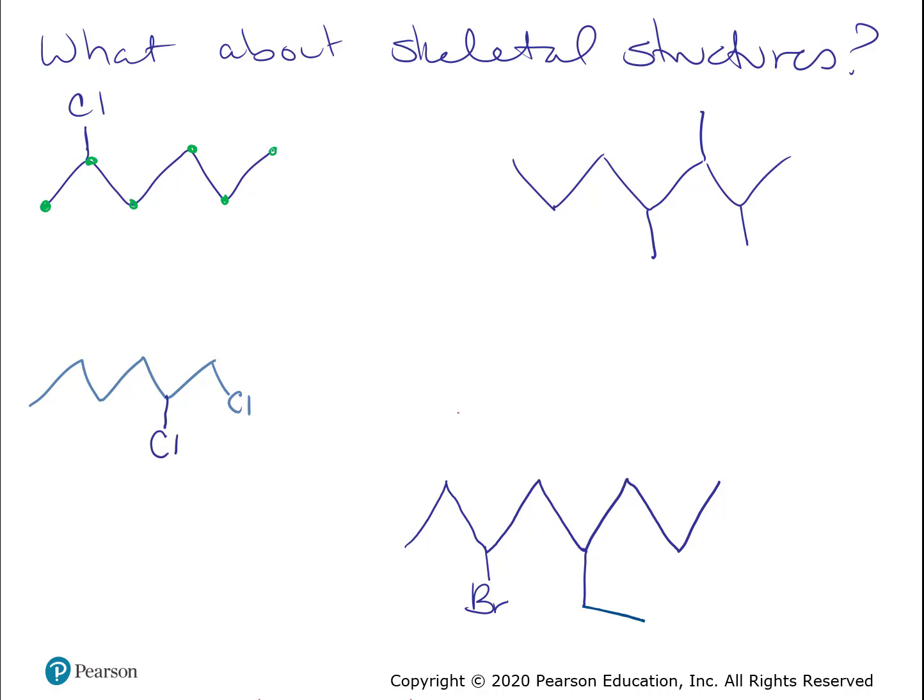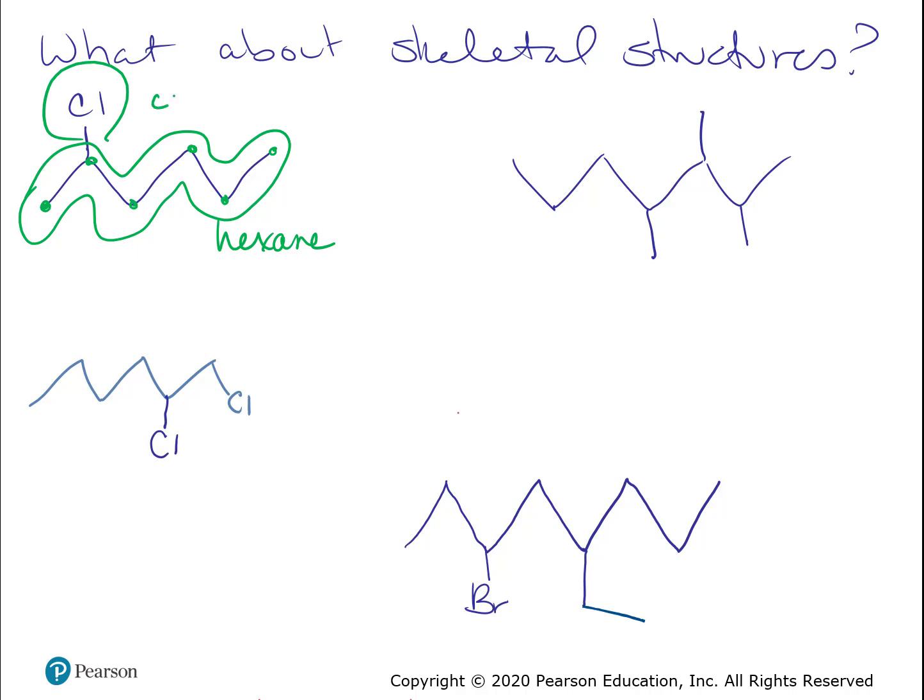So that makes this a hexane. Now you've already named the longest carbon chain. Then this is a chloro, hanging off of carbon number 2. Done. 2-chlorohexane. Thought it was going to be way harder, didn't you?